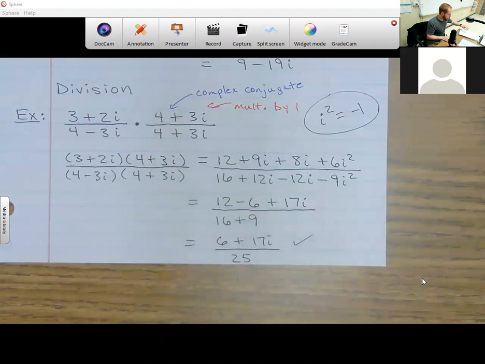We're going to do one more example like that, and then I'm going to call it a day. Let me leave that up there for a few seconds, and I'll just write down my next one over here.